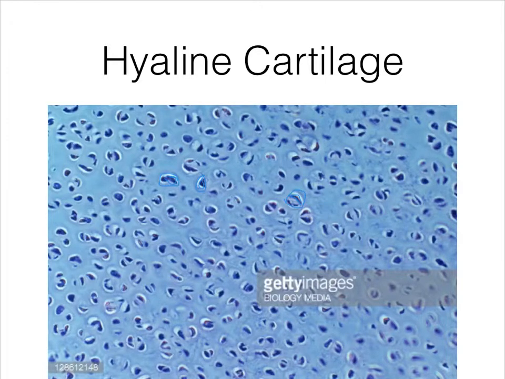This is clearly not epithelial tissue because the cells are not densely packed. There's extracellular matrix between them. We are not facing some sort of luminal or open area. And we have a medium to medium dense packing of the cells here, and they're relatively spread out fairly evenly.